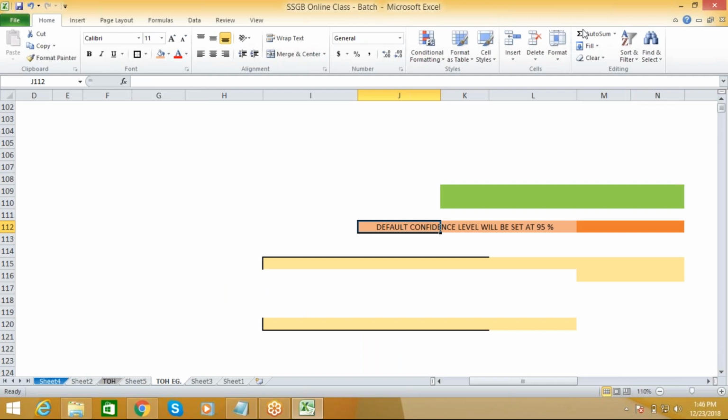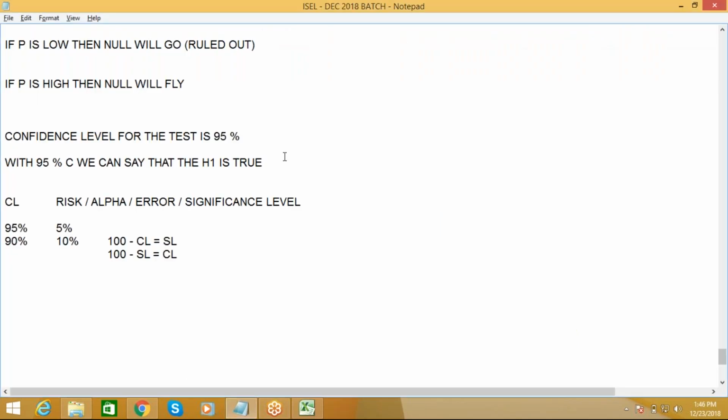What I'll do is put all this into the notepad so that you can remember it. I'll put all the formulas. If the confidence level for the test is 95%, it means with 95% confidence we can say that the alternate is true in this example.